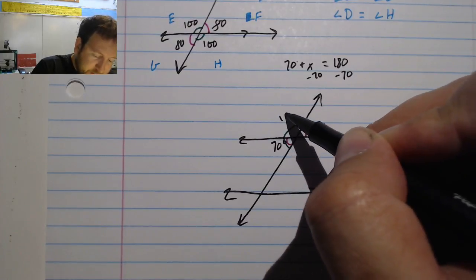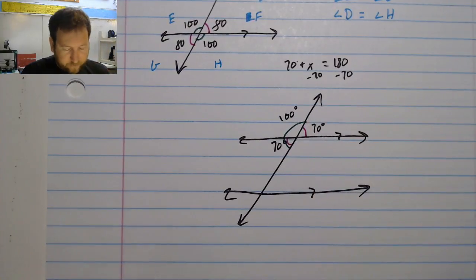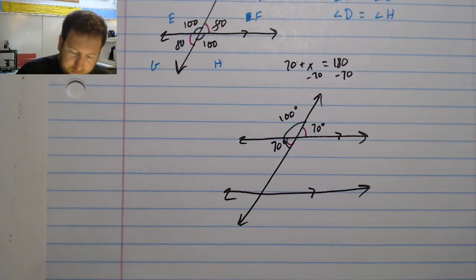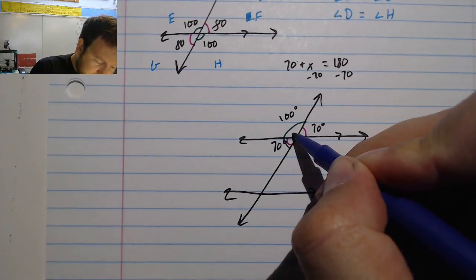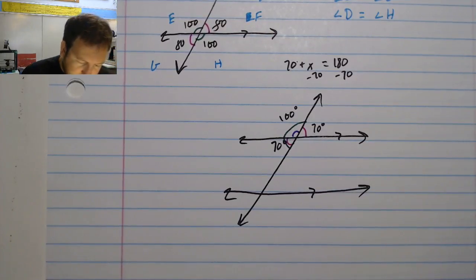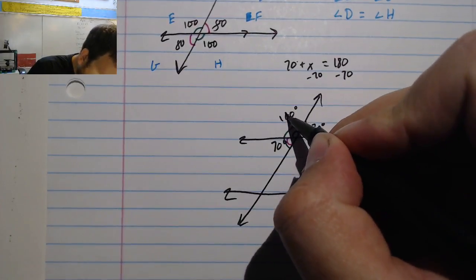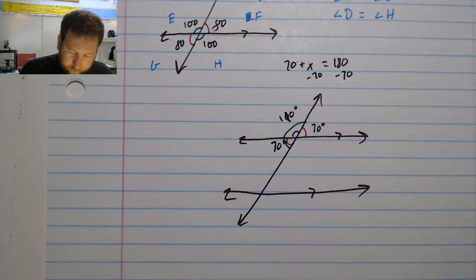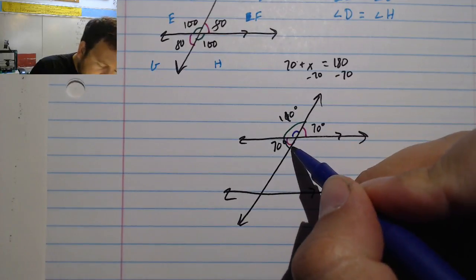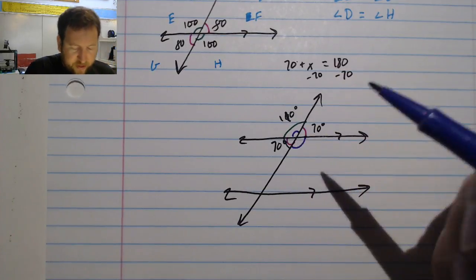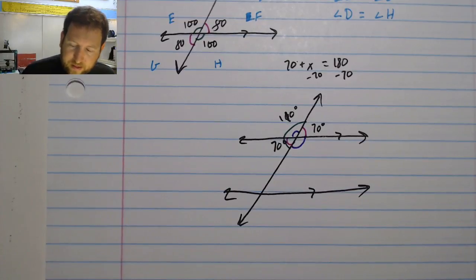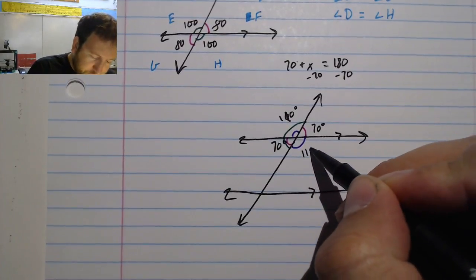I can say that this is 110 degrees. Sorry, I should have written 110. Then, of course, this one here is also going to be 110 because it is the vertical angle across from it.